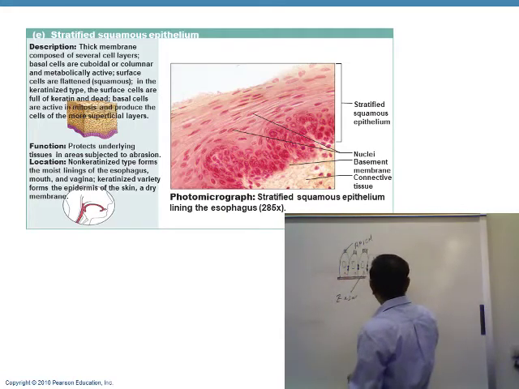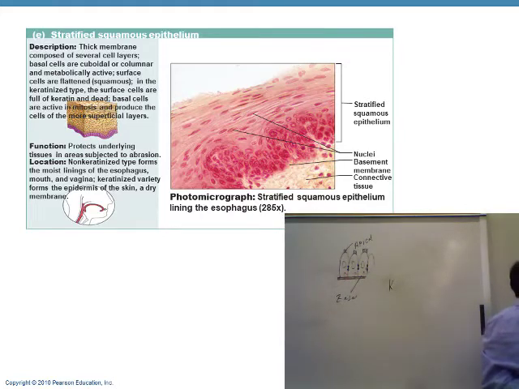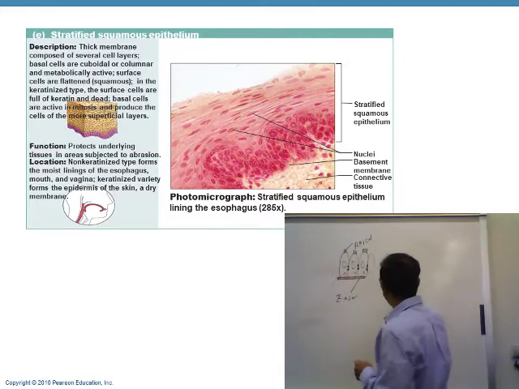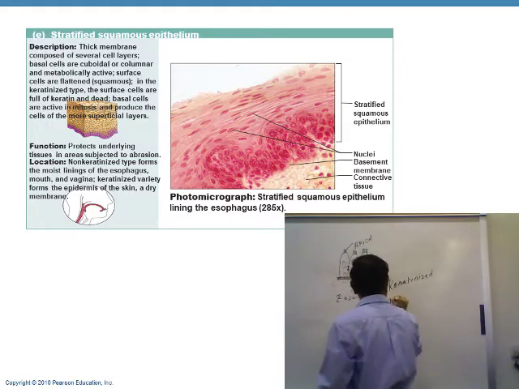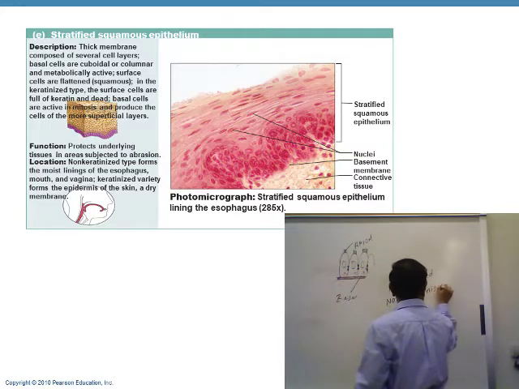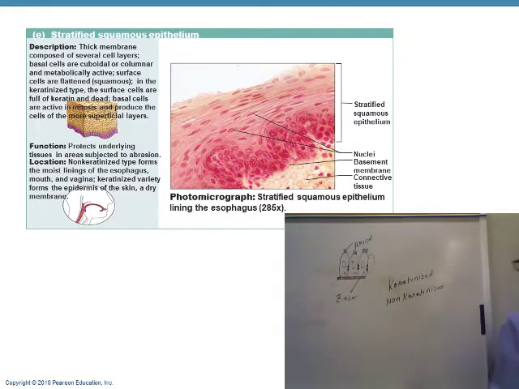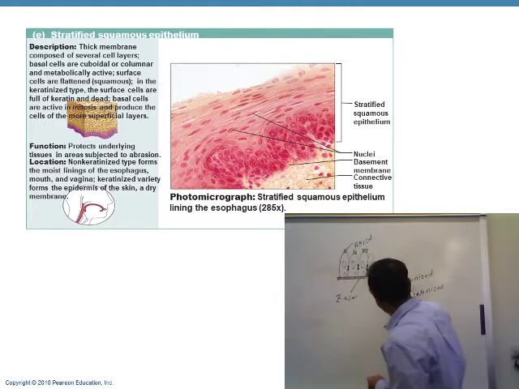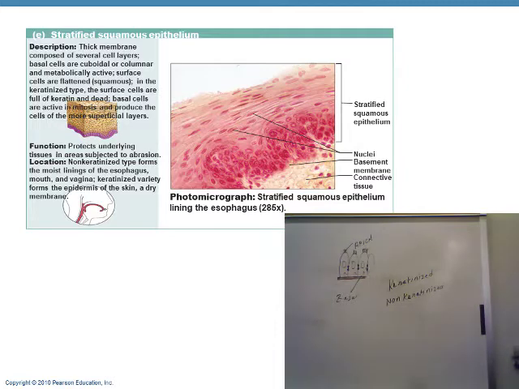One is called keratinized stratified squamous, and another is non-keratinized stratified squamous. Keratinized and non-keratinized stratified squamous.